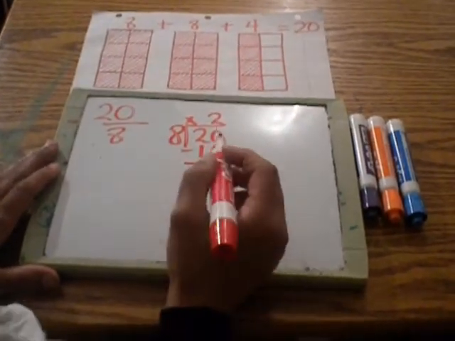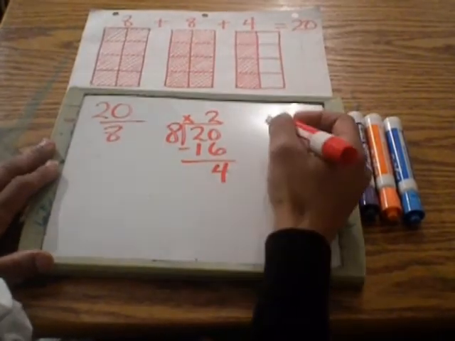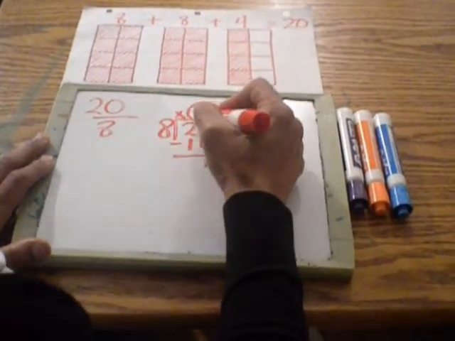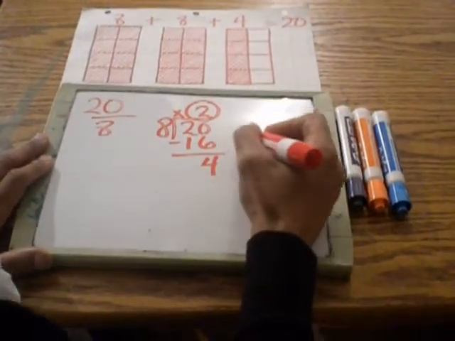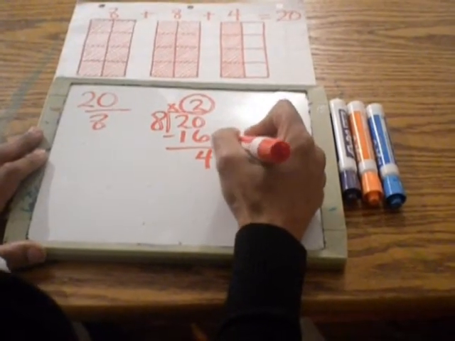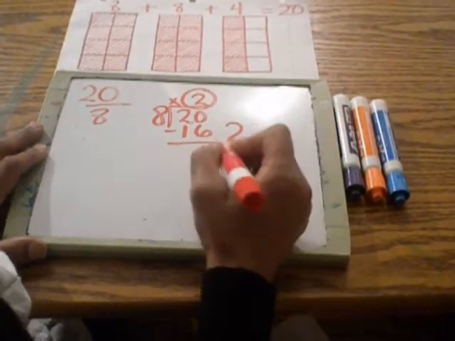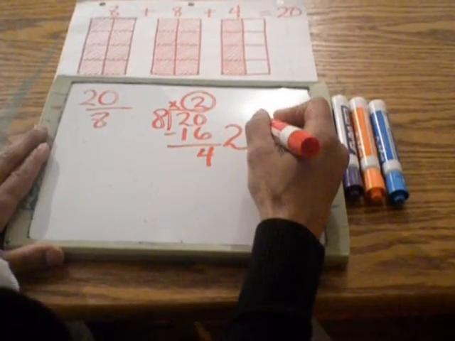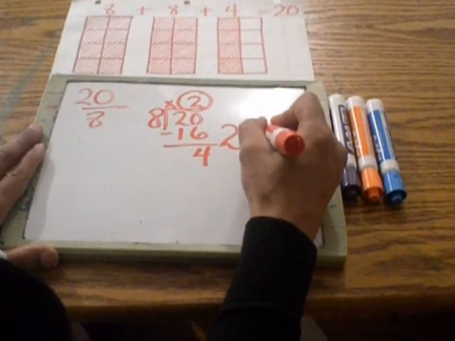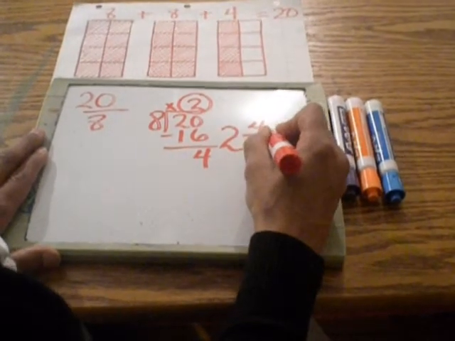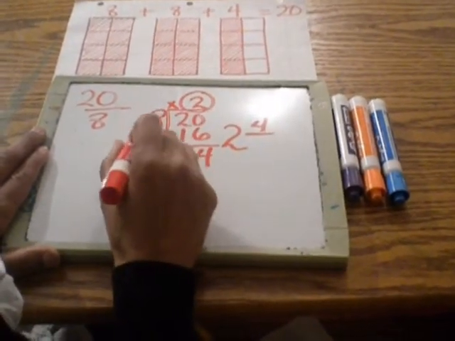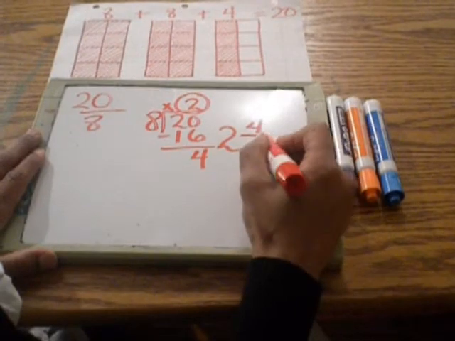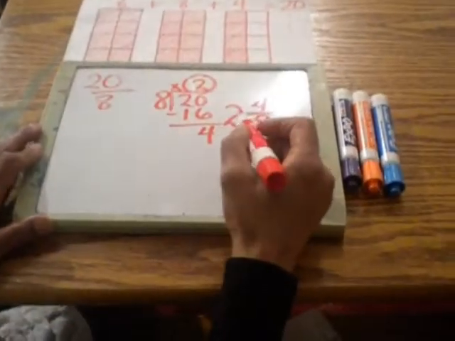To create a mixed number, the 2 is our whole number. The remainder, which is 4, becomes the numerator, which is the top number of the fraction. And the 8, which was our divisor, becomes the denominator.